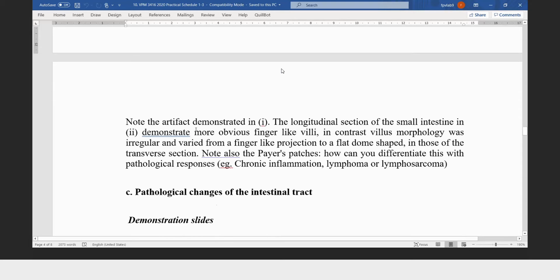We mentioned artifacts before, isn't it? You can see more obvious finger-like villi, with contrasting villi morphology, irregular and varied in finger-like projection, but also tongue-like and dome-shaped. This can be seen under histology, but also under scanning electron microscopy.